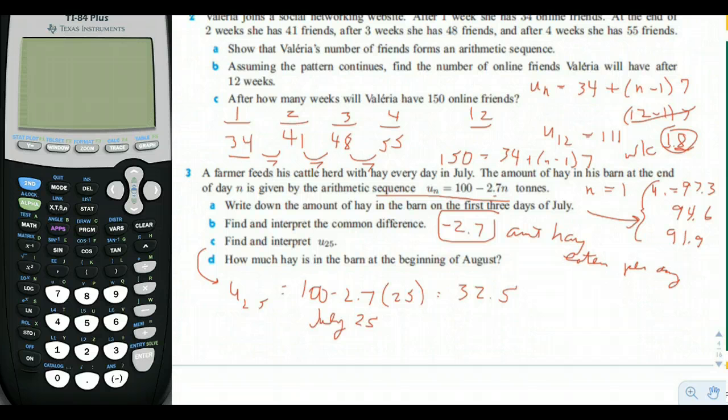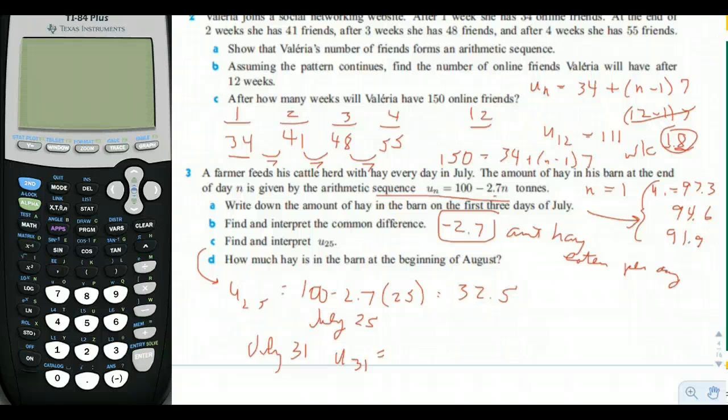How much hay is in the barn at the beginning of August? So July has 31 days. So basically what they're saying is, okay, July 31st would be U31. So if you found U31, then that tells you how much there is on July 31st.